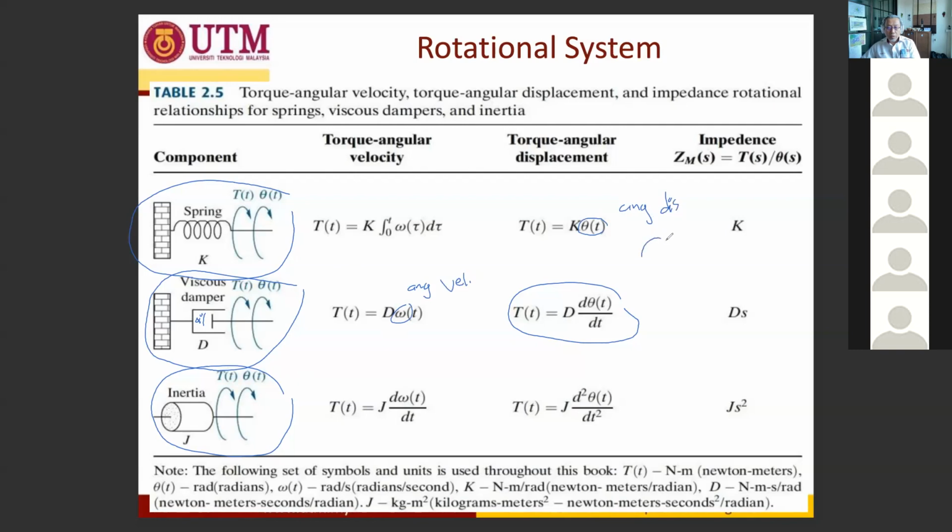So kalau dia rotate, dia akan menghasilkan sudut, 90 darjah, 180 darjah, 270 degrees. For backwards, minus 90, minus 180, and so on. And d omega dt is considered as the angular acceleration.